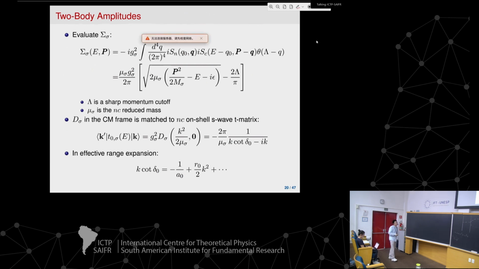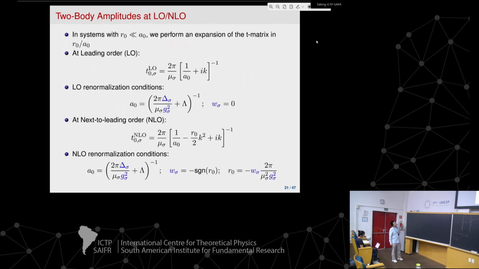Ingo already mentioned this phase shift in his lecture. And at low energies, you can use the effective range expansion to parameterize this phase shift into the scattering length and the effective range, these two terms. And so now let's work on this problem order by order.